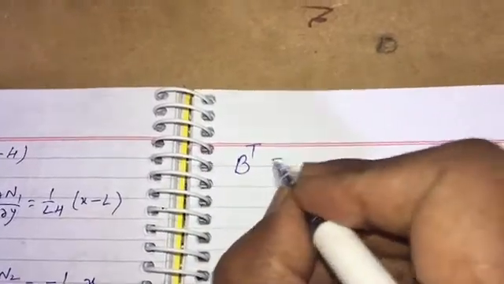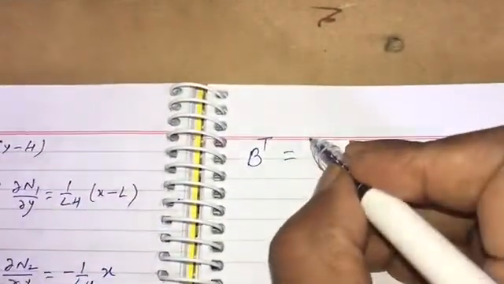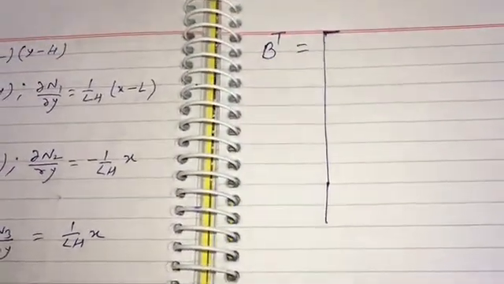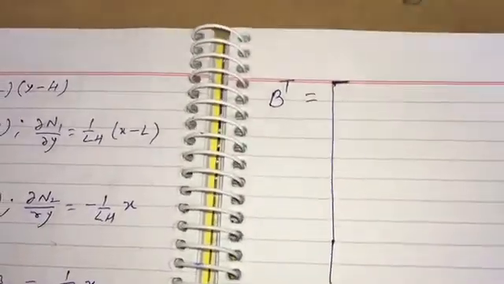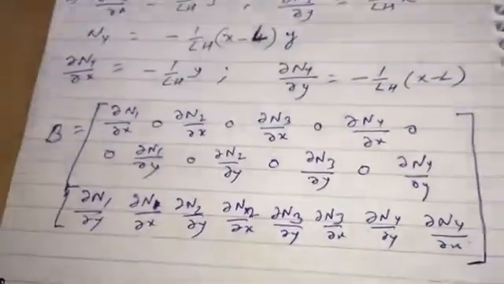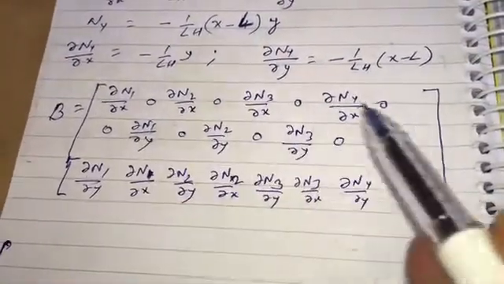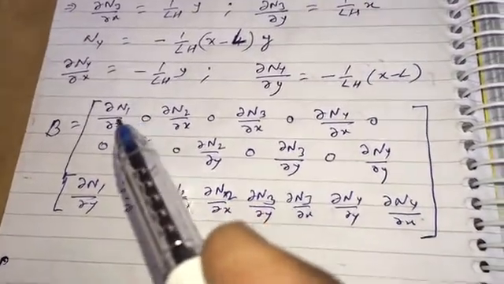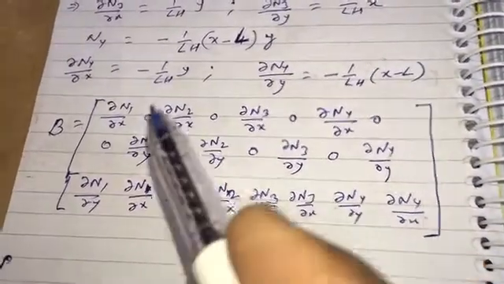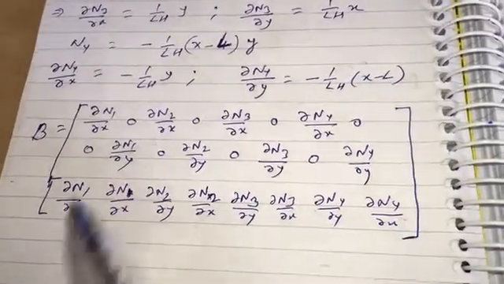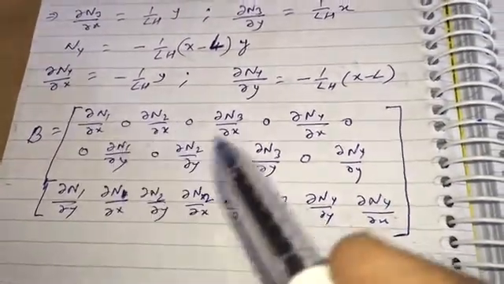Okay, so B transpose will be equal to, so that we have a big space here, first this is the same matrix as this one, but B transpose, so this row becomes the first column now, and this column becomes the row now.